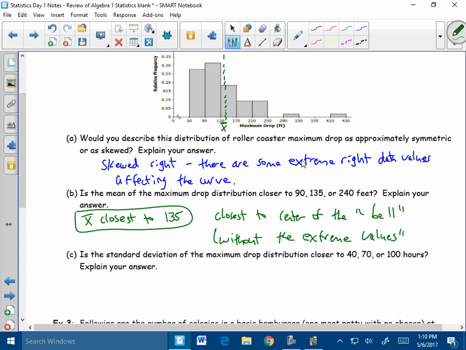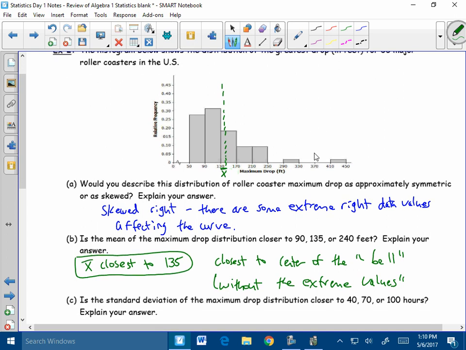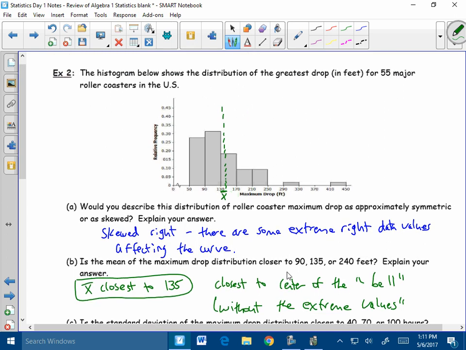Then it says, is the standard deviation of the maximum drop distribution closer to 40, 70, or 100? Explain your answer. Well, this one's a little trickier to figure out. If we try to measure what's happening here, if I go out 40 from the mean, so 135 plus 40-ish and 135 minus 40-ish, that's plus 40, minus 40.